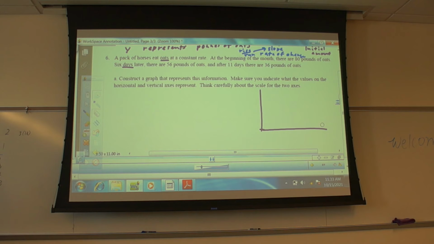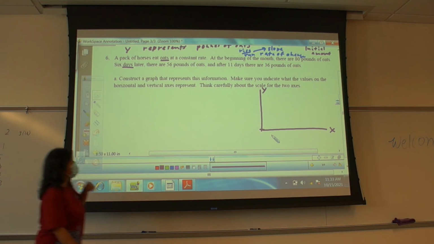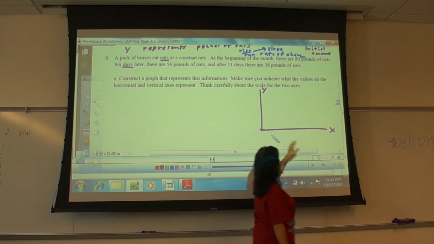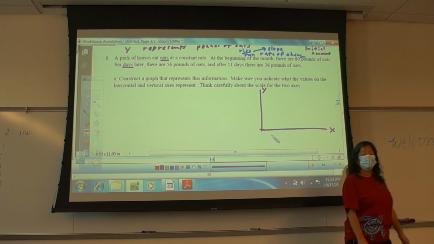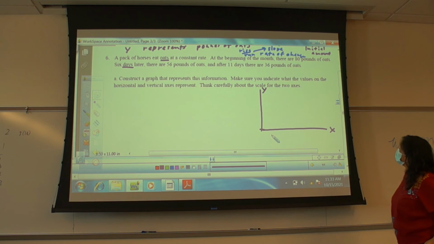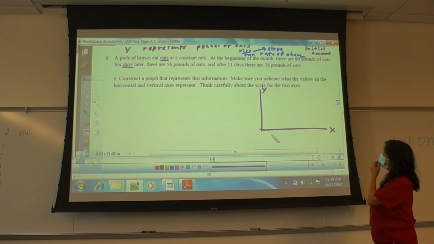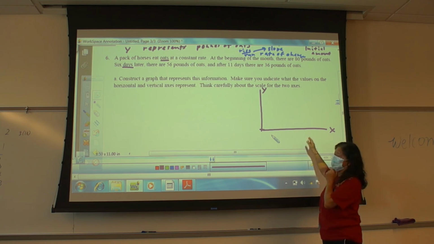Okay, so which one's my x? Figure out where my x goes. Remember the first line you draw is your x, and then the y goes up and down, so label what x is along here. What does x stand for?